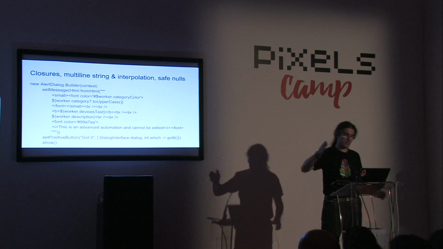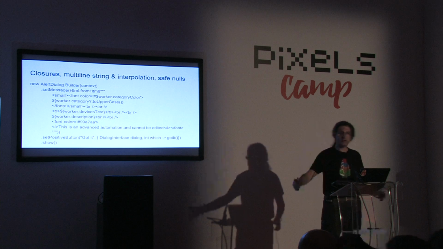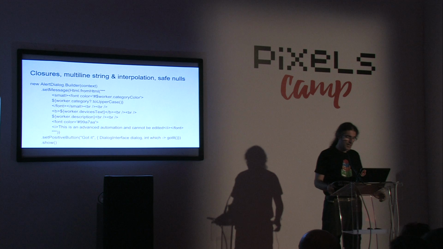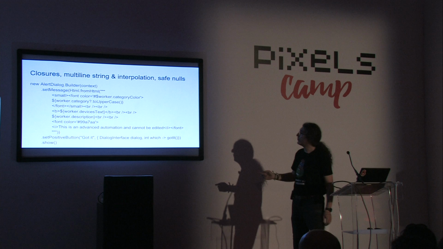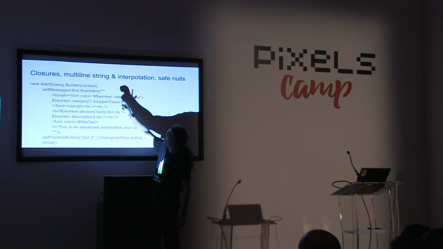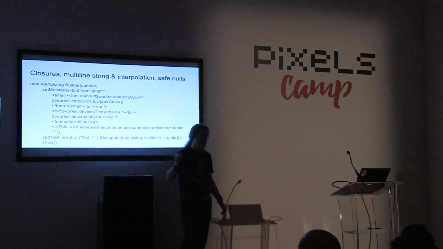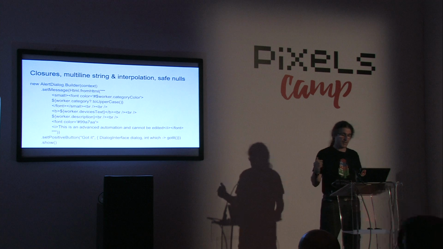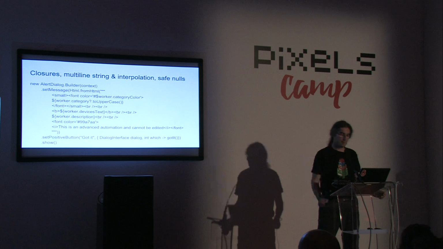So you start with triple quotes, and you finish with triple quotes, and you can have the string spanning multiple lines. You have string interpolation. So when you see this dollar sign workers, for example, or year, it's actually looking into your environment for a variable called that and using it to render the text.